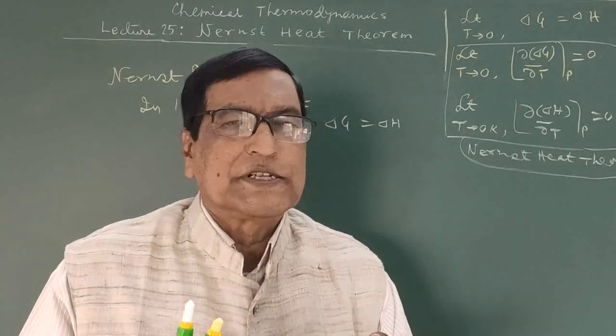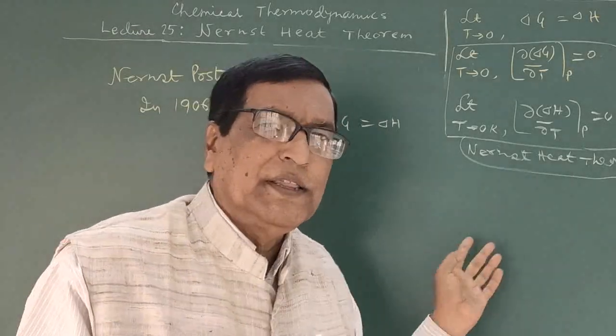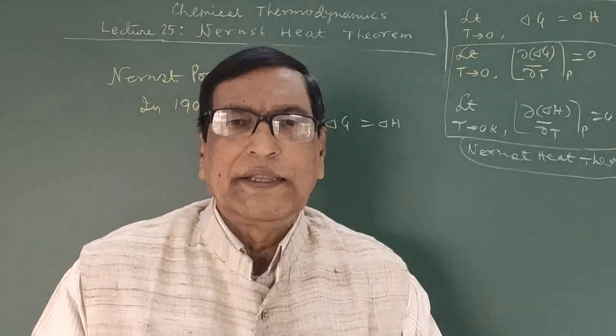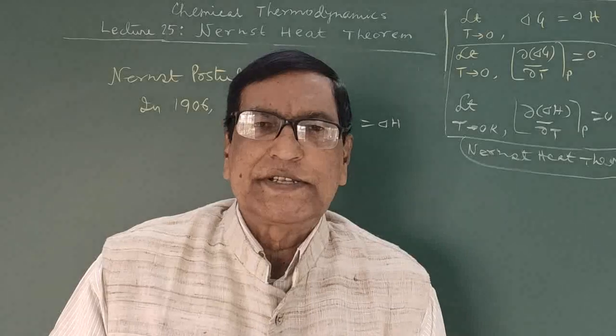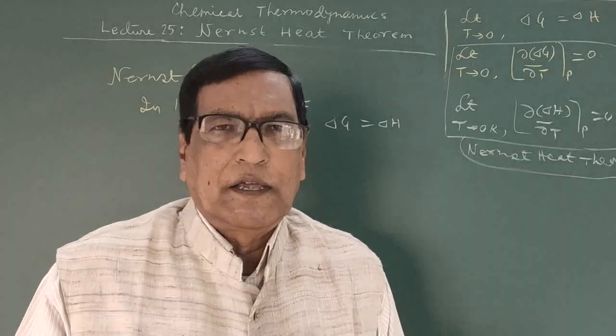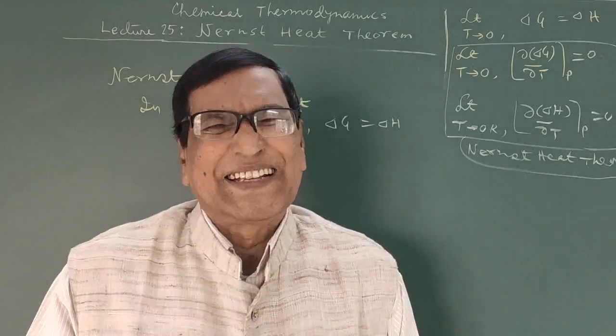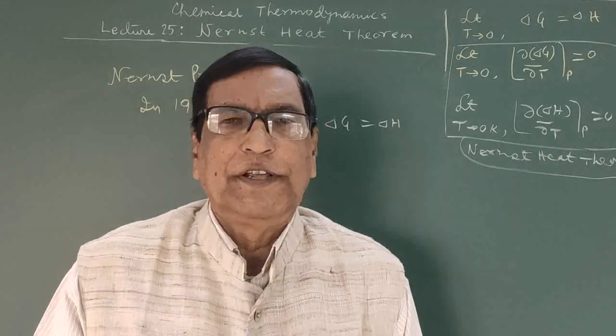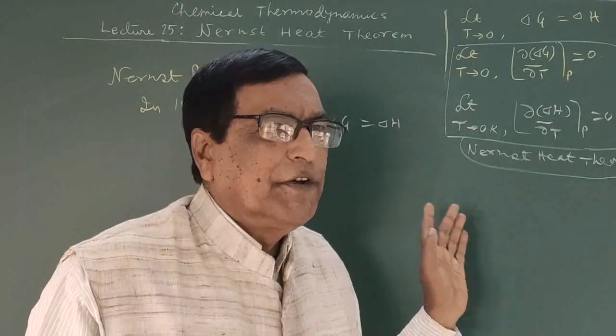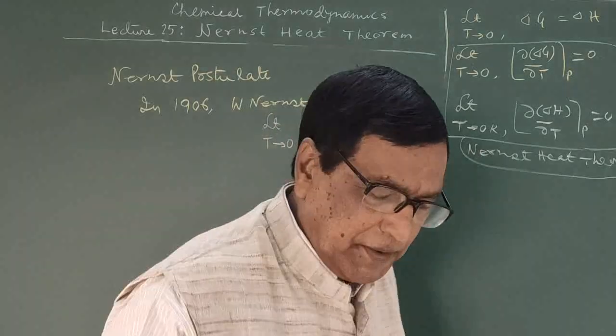Condensed phase means the substances occurring in these processes are either solid or liquid. All these substances are in solid phase except helium. Helium remains in liquid phase even very near to 0 Kelvin temperature.